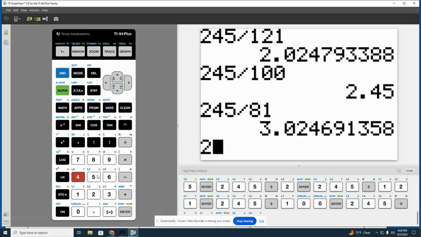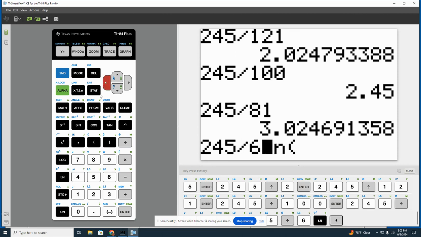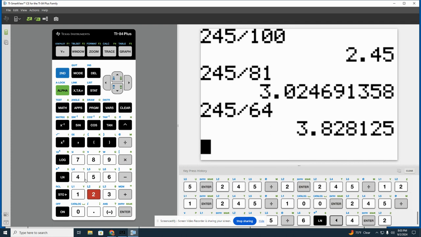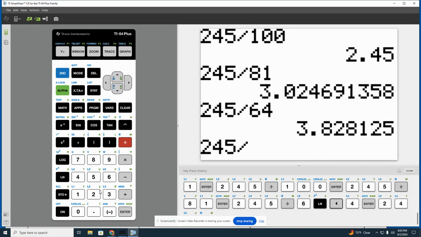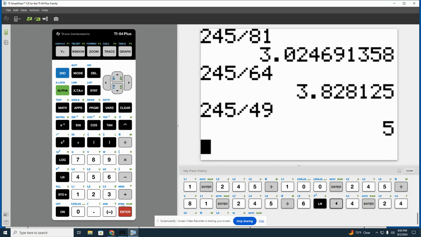That's not it. 245 divided by 64. That's not it. 245 divided by 49. There it is. 49 is the biggest perfect square that goes into 245, and it goes in there 5 times.